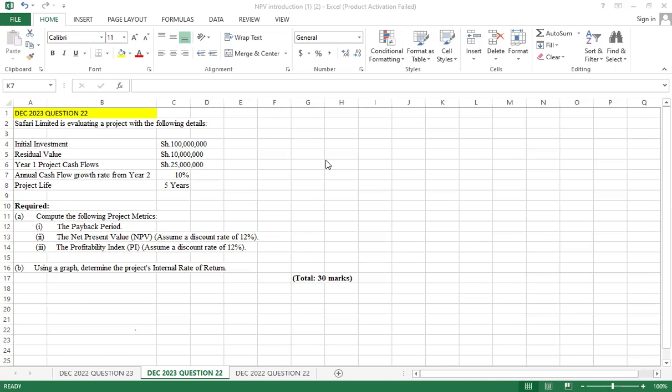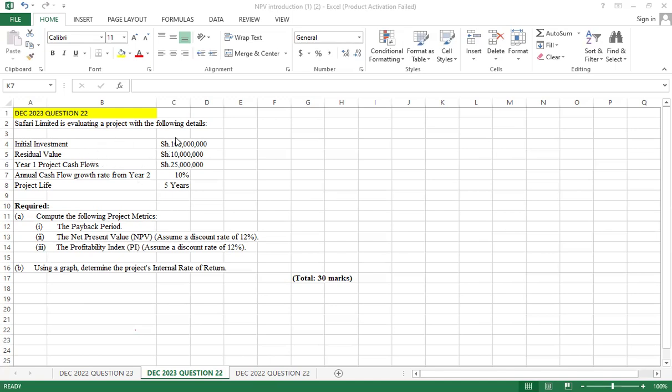All right, so the question is a simplistic one in terms of the information provided in it. It's very summarized. This is a question which was set in December 2023. It was question number 22. The question reads that Safari Limited is evaluating a project with the following details.